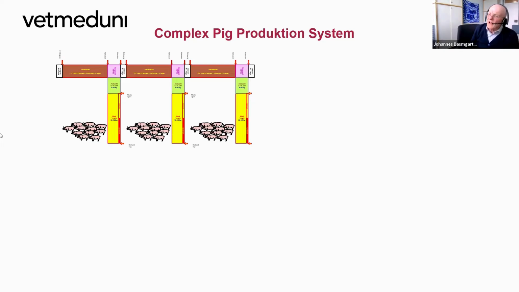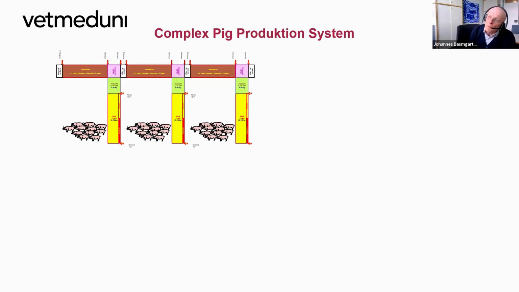This graph indicates how this production works. In the center, there is a sow, and the sow has a reproduction cycle which begins here with artificial insemination at about 8 months. They are inseminated artificially, then the gestation period follows, which lasts about 115 days.